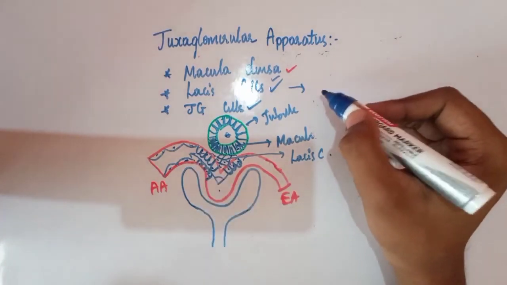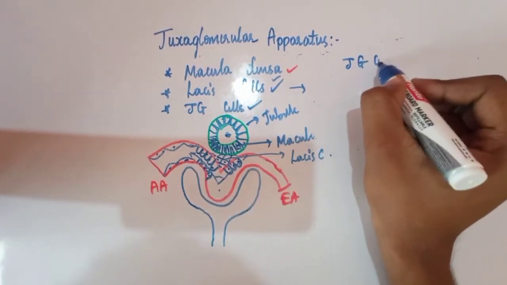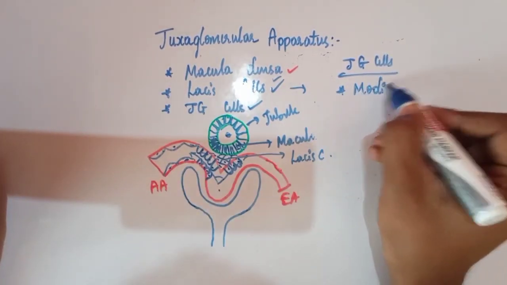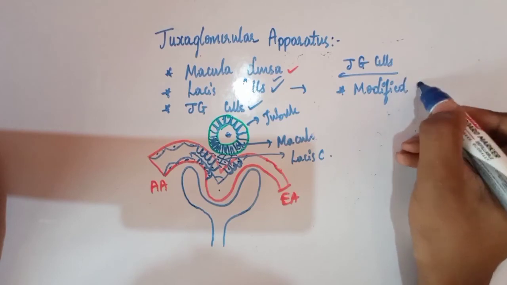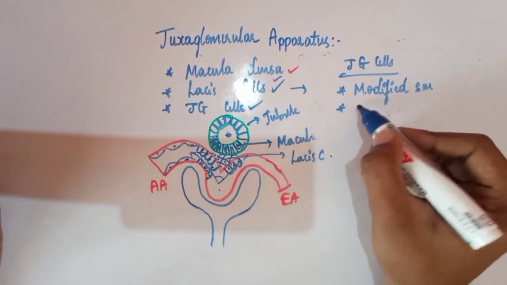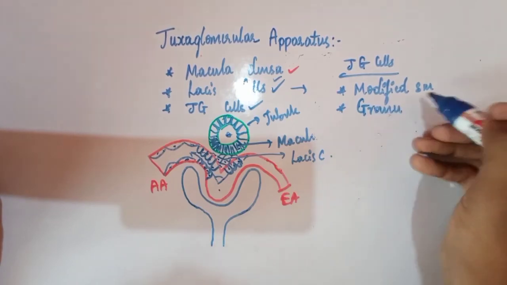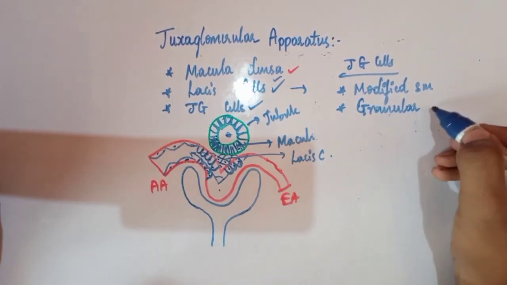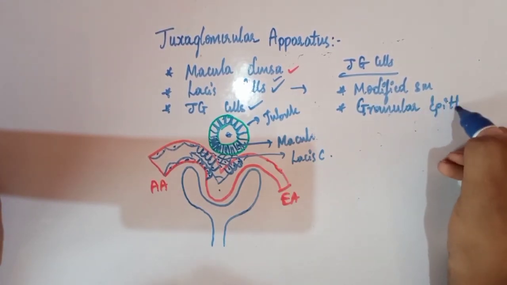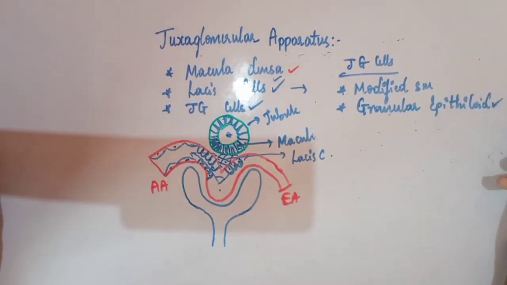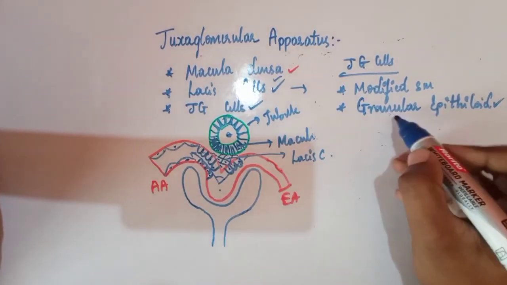The JG cells are modified smooth muscles. They are granular, epithelioid. Instead of smooth muscles, they have acquired a characteristic of epithelial cells. Granular epithelioid.